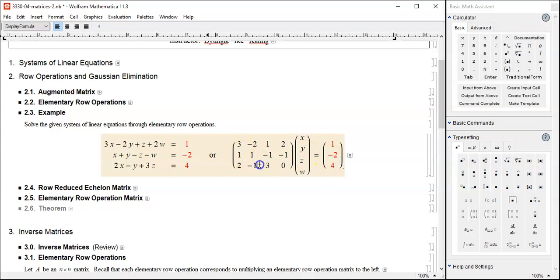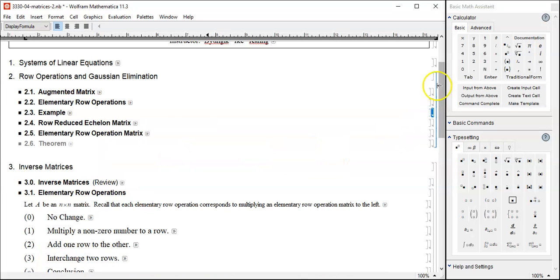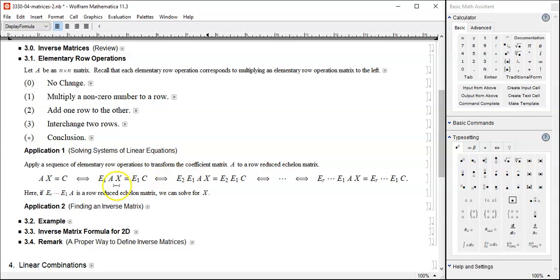AX equals C, okay? And then apply elementary row operations, E1, and then E2, E3, E4, E5, all the way to ER. Consequently, we get this matrix, which is a little bit simpler than the previous one.